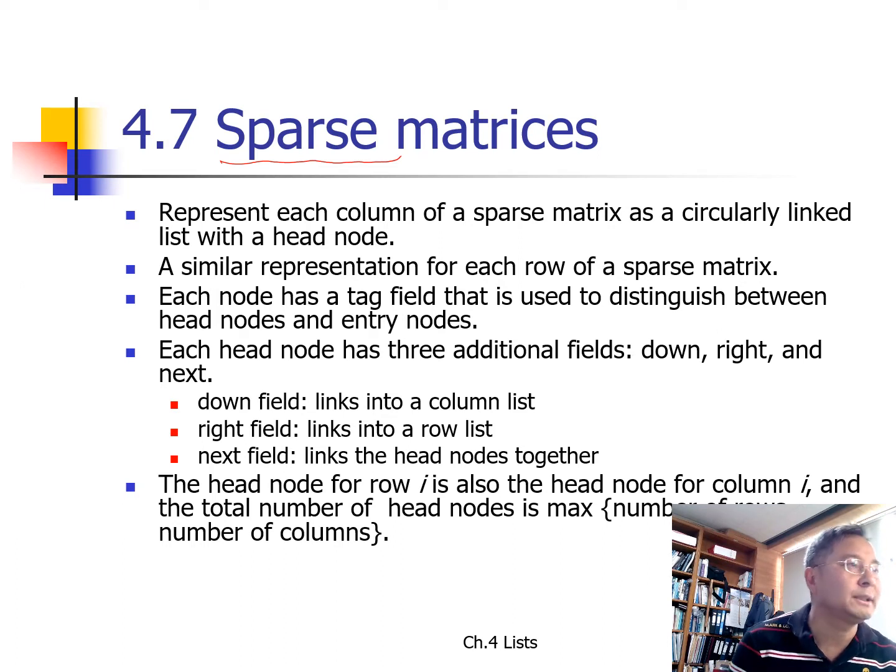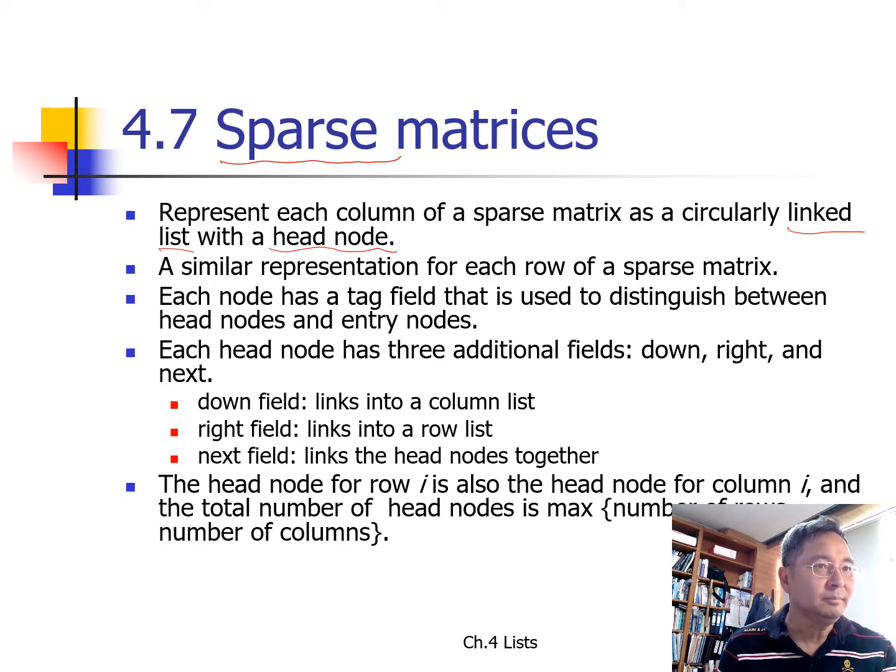We have seen how we can represent a sparse matrix in an array in chapter 3. But in this chapter 4, we can represent a sparse matrix as a circularly linked list with a header node.